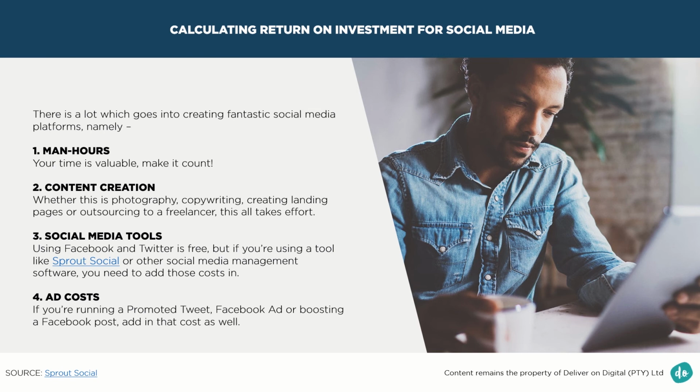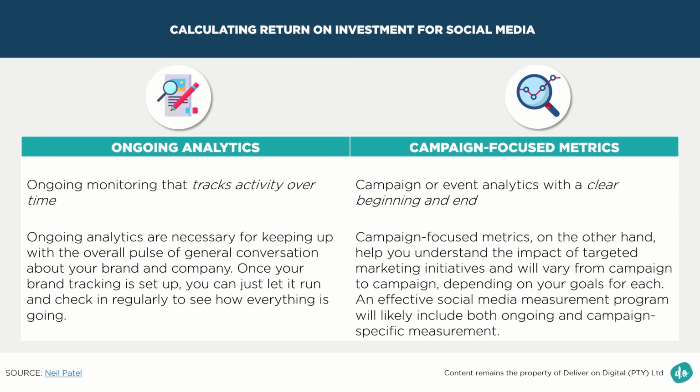Social media tools, of course, we've tried to focus as far as possible on free tools. However, we know that there are tools like Sprout Social, for example, or Hootsuite, which you may be using for scheduling. So how do those stack up in comparison to what you're getting back from social? And then, of course, the hard costs that come from paid media. So if you're running a promoted tweet, Facebook ad, or boosting a Facebook post, you really want to be incorporating that cost into your analysis as well.